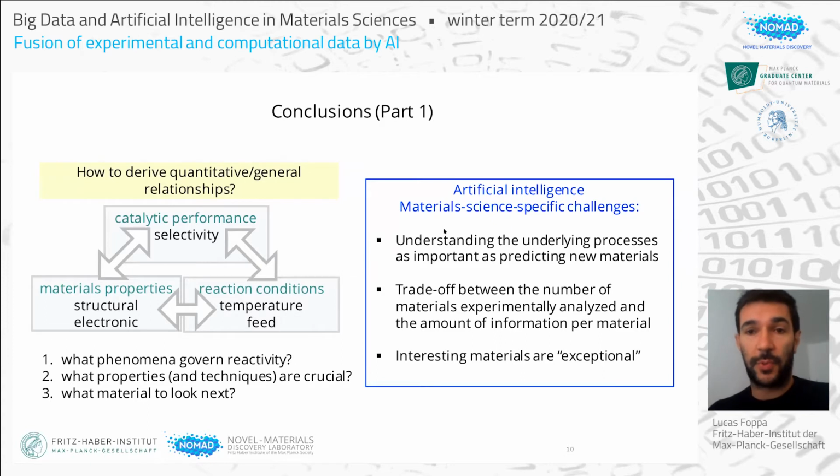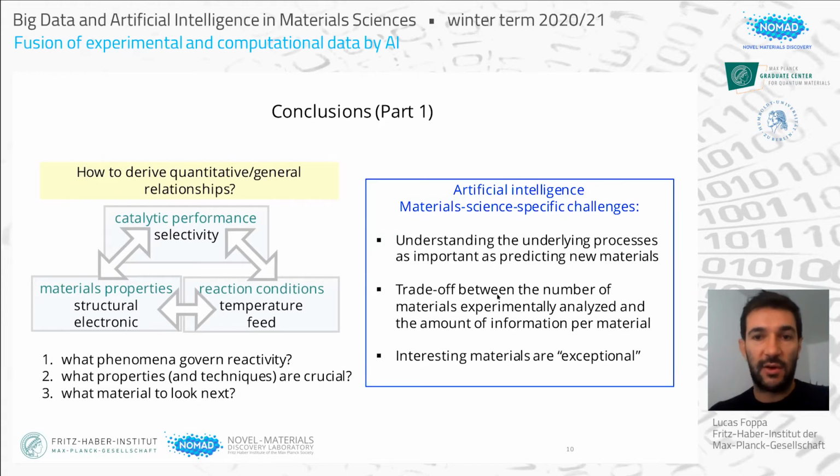And here, I just point out some of these challenges that have been discussed very frequently during this lecture. We have materials science specific challenges in applying artificial intelligence methods. First, we would like to understand the underlying process. This is as important, if not more, than predicting new materials. So we don't want to use methods that are black box, and we would like to get some physical insight from this modeling via artificial intelligence.